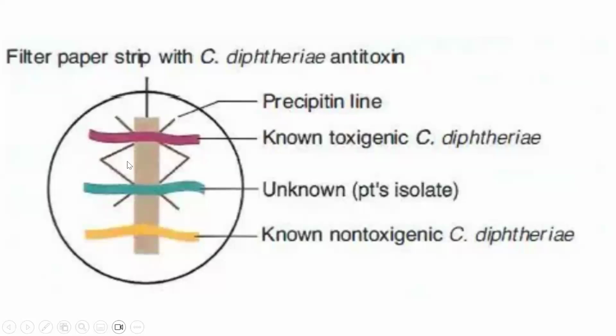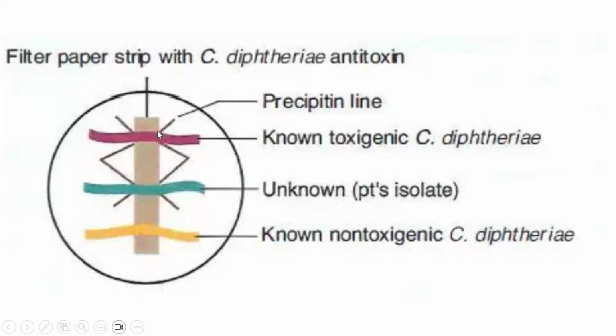We have a filter paper with a known antitoxin. So we have an antitoxin that is filling this filter paper, and then we have a positive and a negative control. The positive control is a known toxigenic strain of C. diphtheriae.